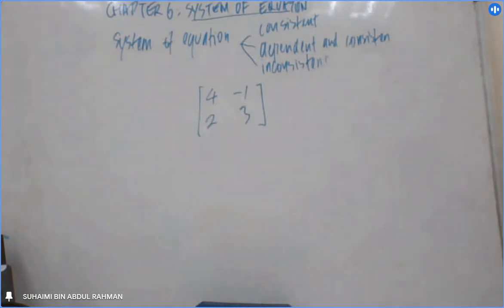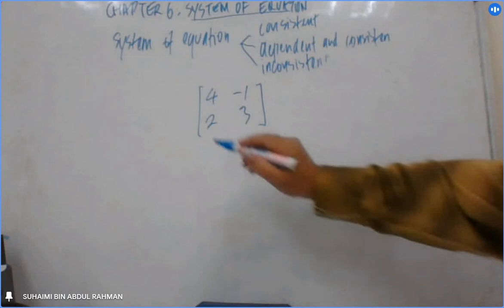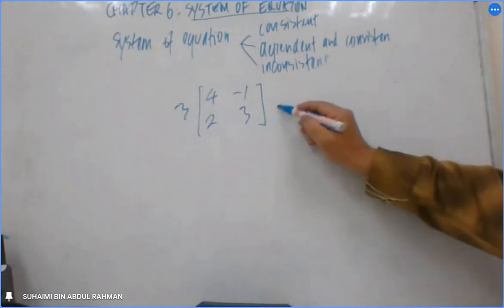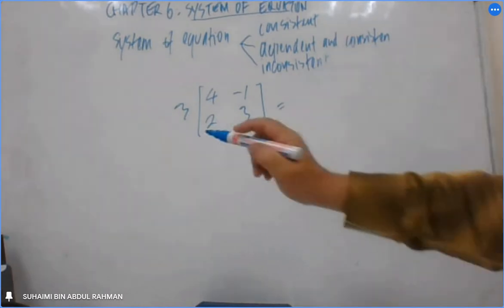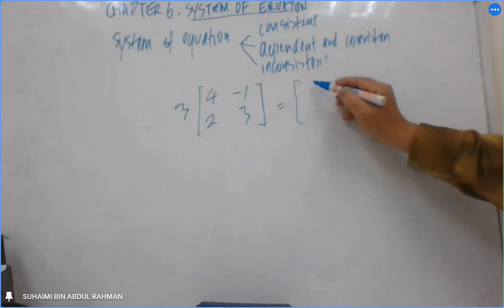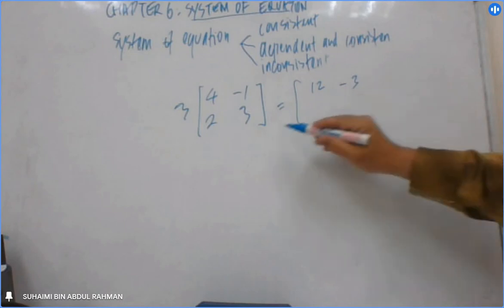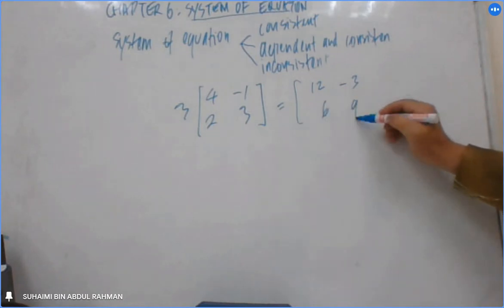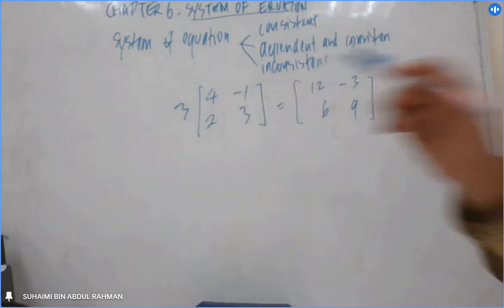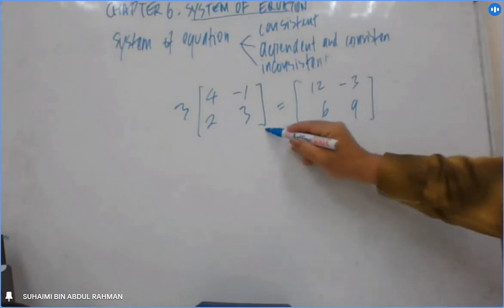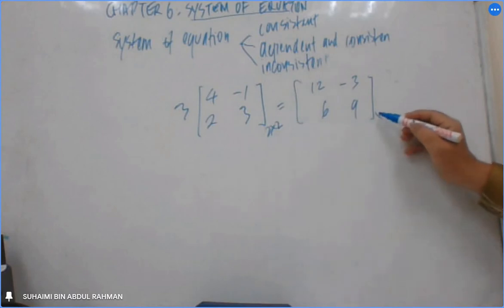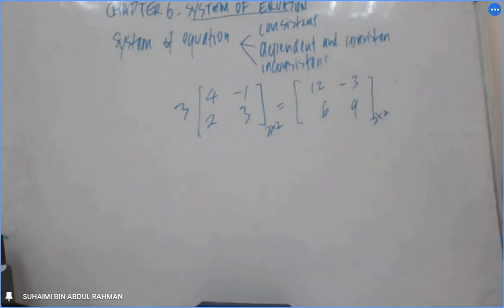We multiply by one real number, let's say 3. So it will produce also a matrix 2 times 2, where 3 multiplied by 4 is 12, minus 3, 6, 9. So we get 12, minus 3, 6, 9. Also a matrix of 2 times 2.